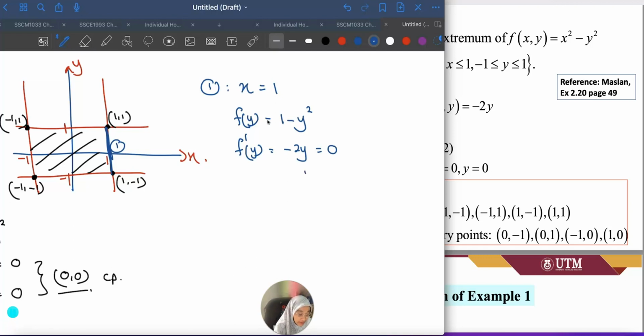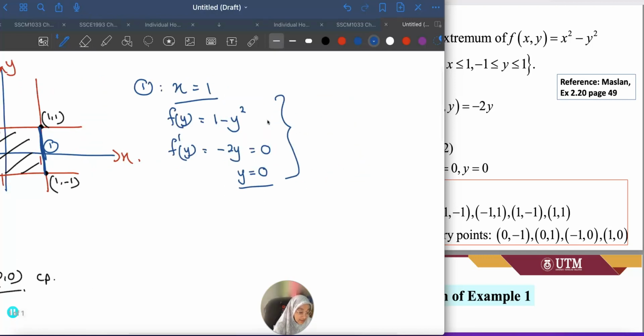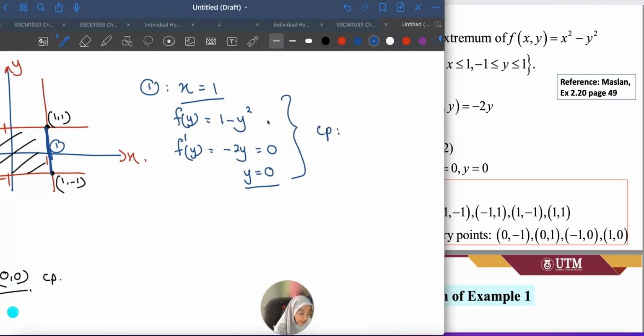You obtain y equal to 0, and x equal to 1. So for this line, the critical point is at (1, 0). Where is it? Here. It lies along the line, which it must, because we are interested in investigating along that line. So that is one of the critical points, (1, 0).